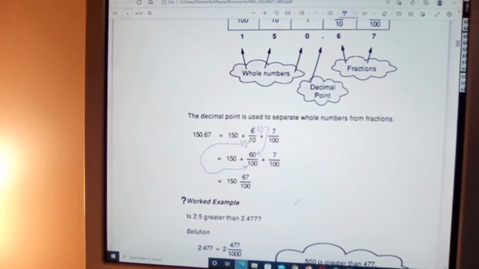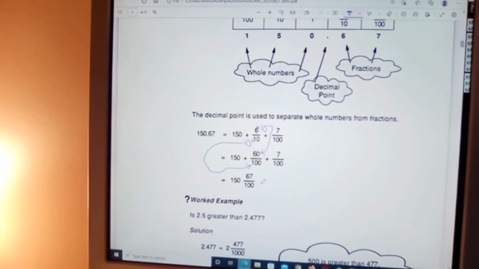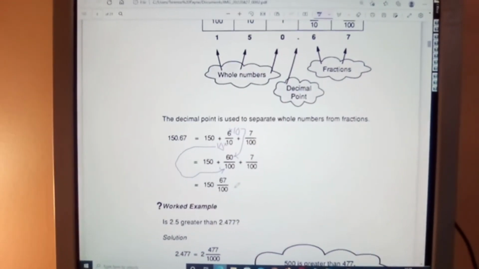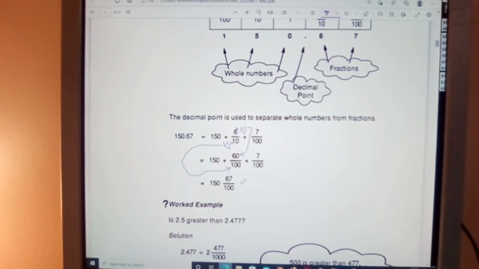Okay, so this answer here now is 150 and, as a fraction of a whole, plus the whole gives us 150.67 over 100. Now, can we bring this down any further?